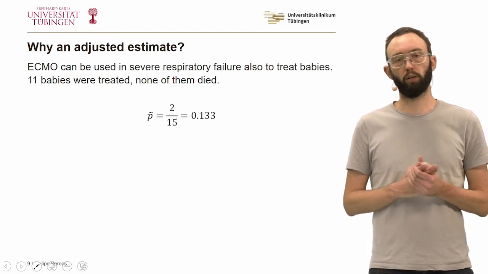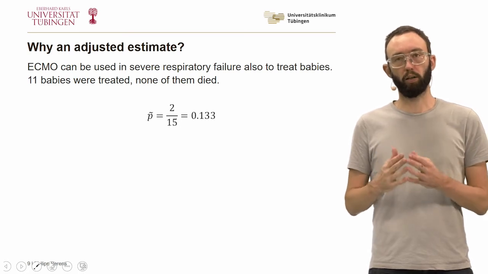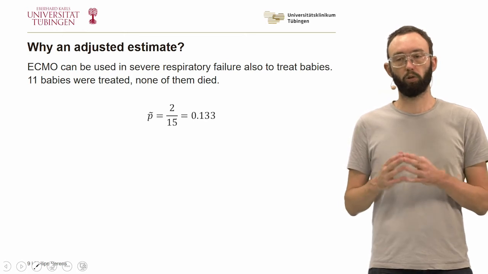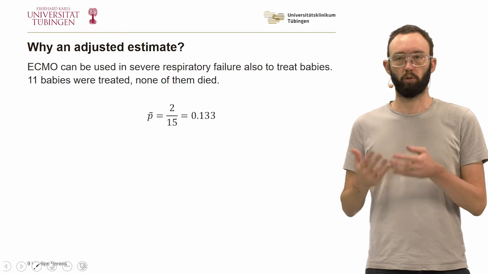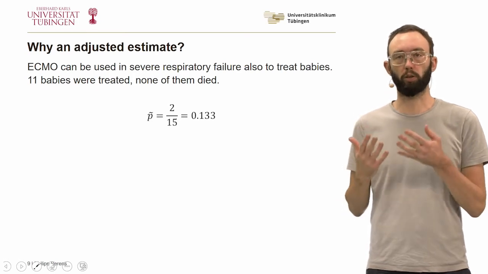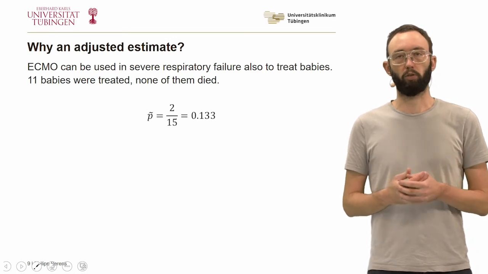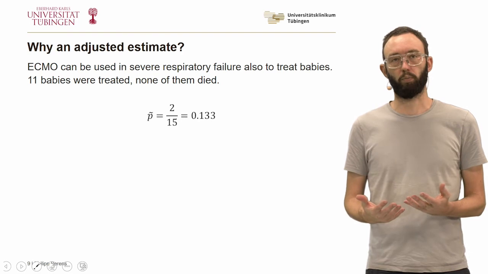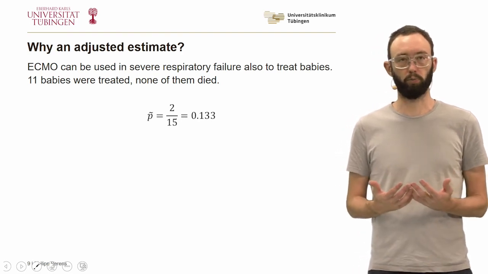And that would imply that from that limited sample of just 11 babies, you conclude that you're very confident that you will never observe any babies dying when they're treated with ECMO. And of course, that doesn't even make sense intuitively. And there are also good mathematical reasons not to use this estimate.